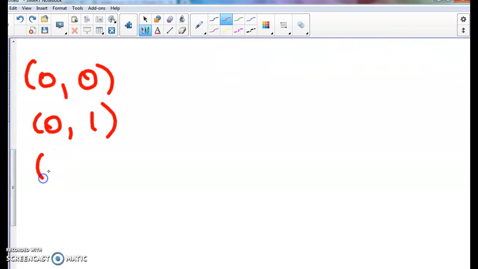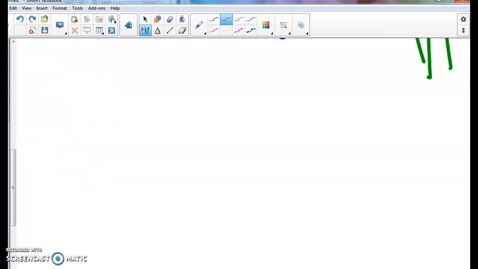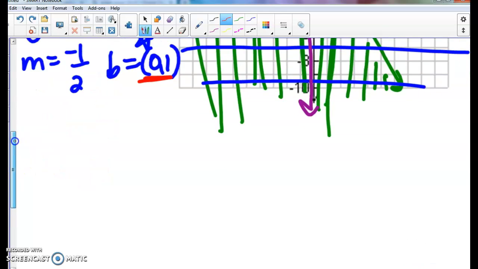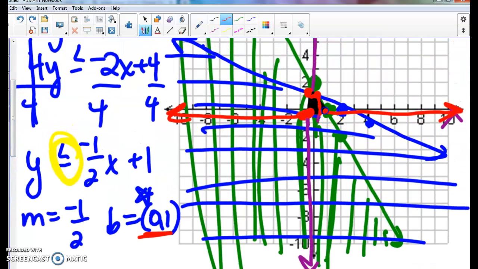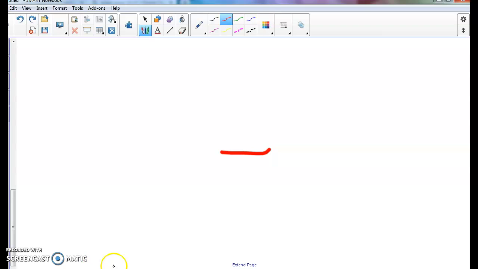There we go. 1/2, 1. Then our last one, going back up here, that way we can see it, is that right there. If you can tell, if that's 2, that means this one right here is on this line, is at 1. So it'll be 1, 0. So itty bitty graph.